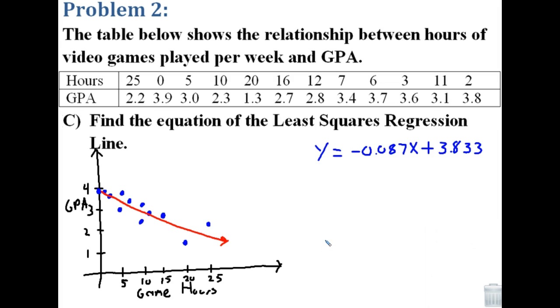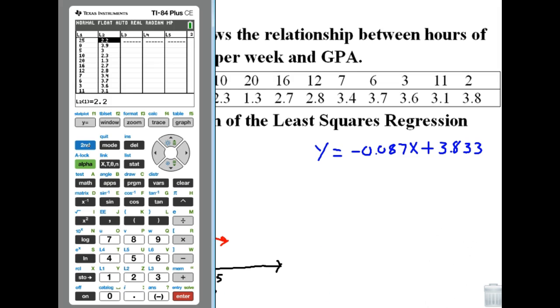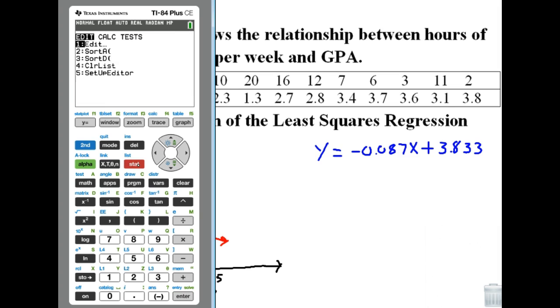For part C, we want to use our calculator to find the equation of the least square regression line. I pull my calculator up. I already have the gaming hours in list 1, the GPA in list 2, and to calculate that, we'll go Stat, scroll over to Calc, option 4 for linear regression.